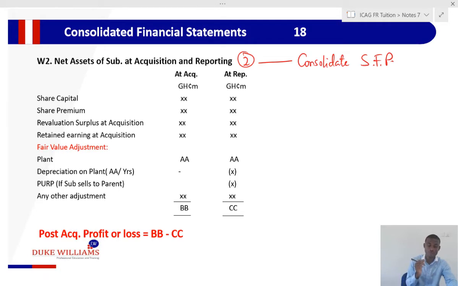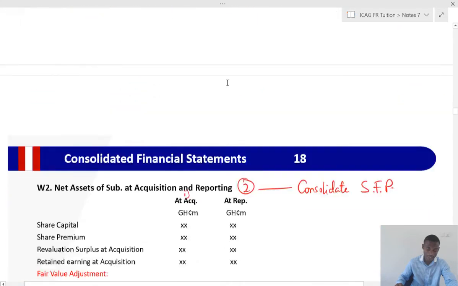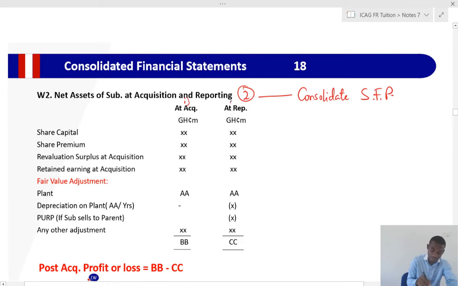So we would set out the pro forma in 2 columns. Column 1 will be the net asset at acquisition, which is not different from this earlier pro forma. Then we need the second column, which is the net asset at reporting. Often all of these you can pick from the question that you'll be given.